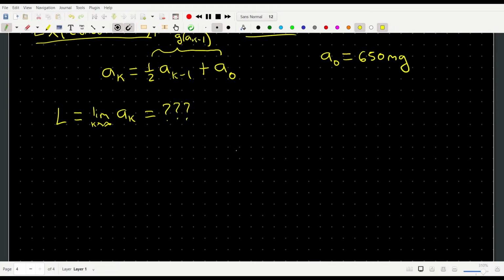And we know then from what I just showed that if this limit exists, a_k is going to this limit. So the limit of a_k as k goes to infinity is going to be L, and the limit of a_{k-1} as k goes to infinity will also be L. So L should satisfy L equals 1/2 L plus a_0.